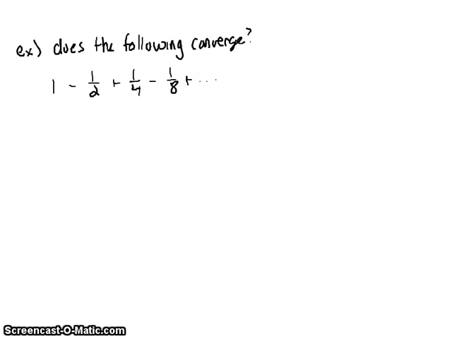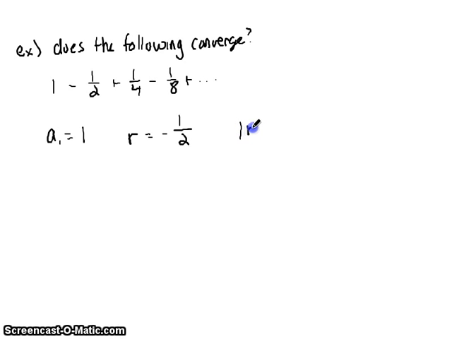The ellipses mean we're going on forever. So we have to think, what is my a1? a1 is just our first term, so a1 is 1. What's my common ratio? What do I multiply by each time to get from one term to the next? To go from 1 to negative 1/2, I multiply by negative 1/2. If I multiply by negative 1/2 again, I get 1/4. Multiply by negative 1/2 again, I get negative 1/8.